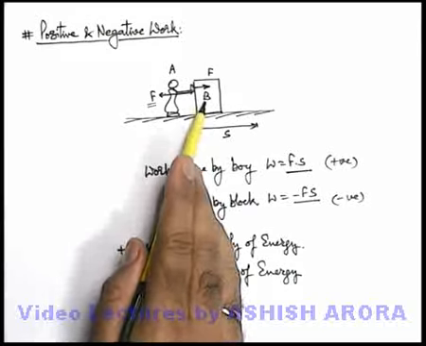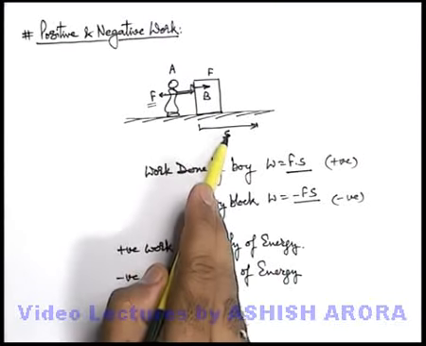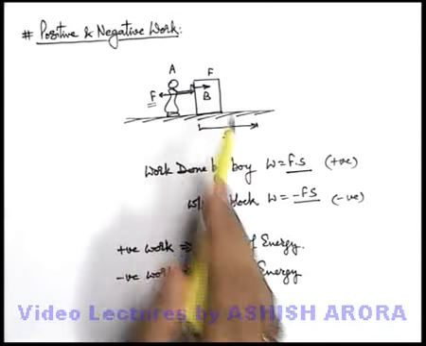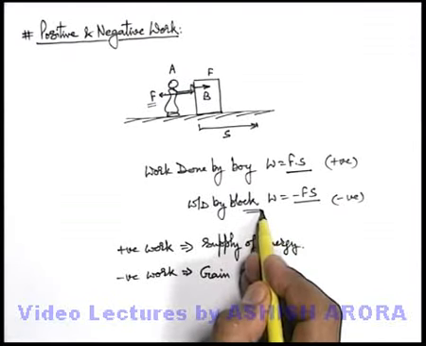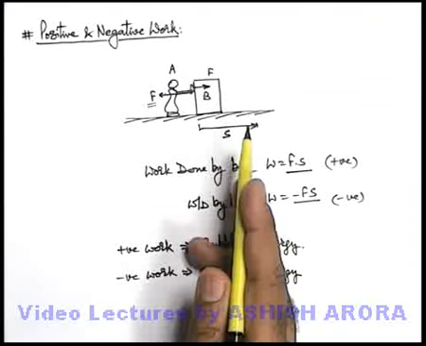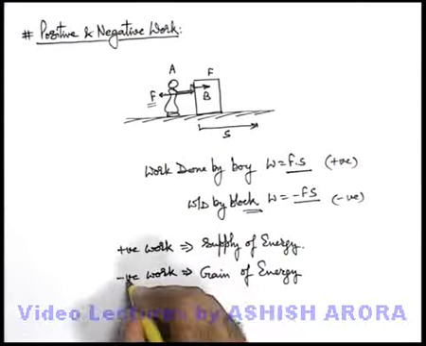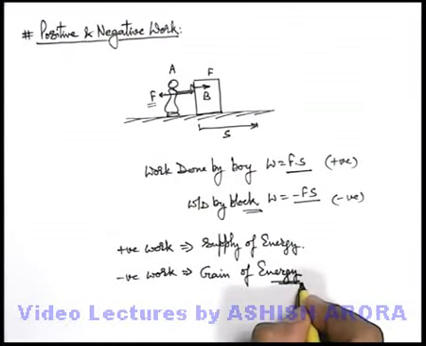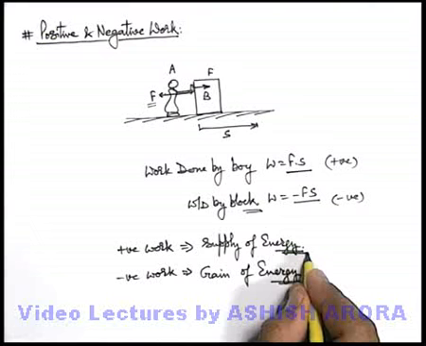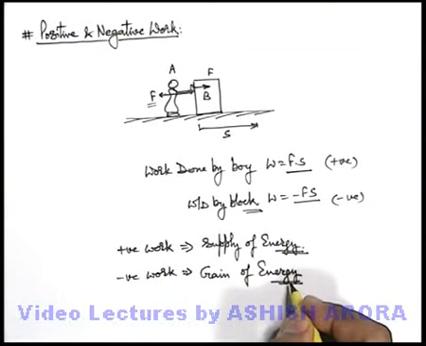Here, the block is applying a force opposite to the displacement. We can simply state the block is doing negative work, or we say work is done on the block. As the block is opposing, it will gain energy. That's why we say negative work is gain of energy, because whenever there is some supply, there must be some object or body involved who will be gaining the energy.